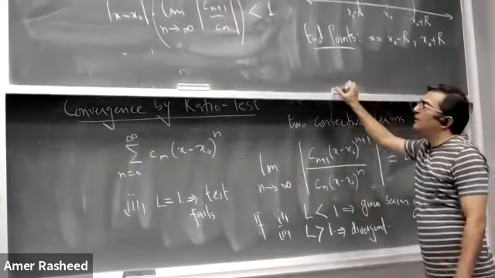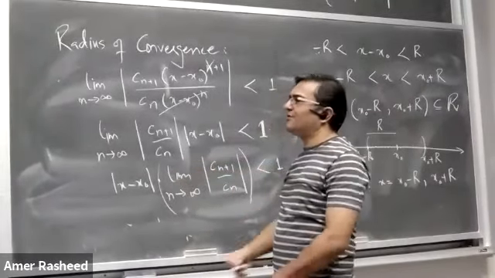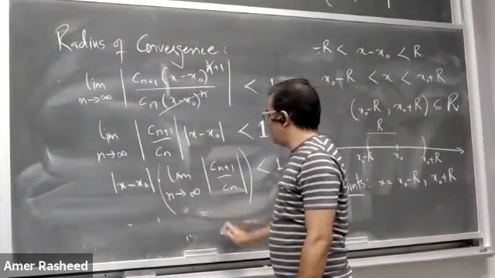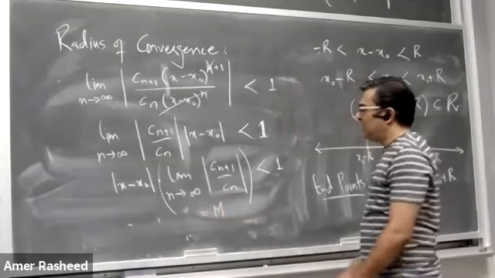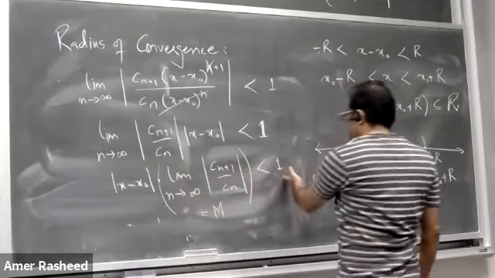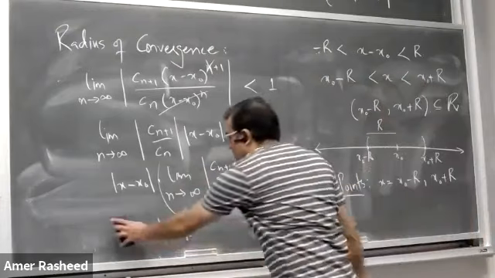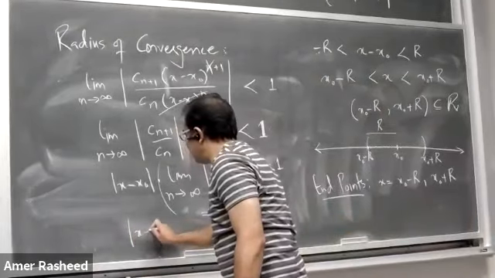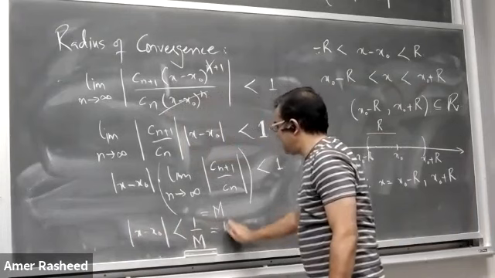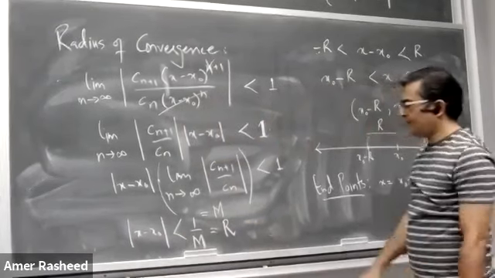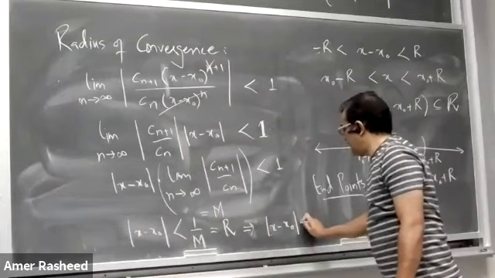So we say its value is some finite number; you can call it m. If its value is m, then you divide by m on the other side. What do we get here? We get the absolute value of x minus x naught is less than 1 over m. 1 over m is basically, you can say, r. Now from here you get that the absolute value of x minus x naught is less than r.